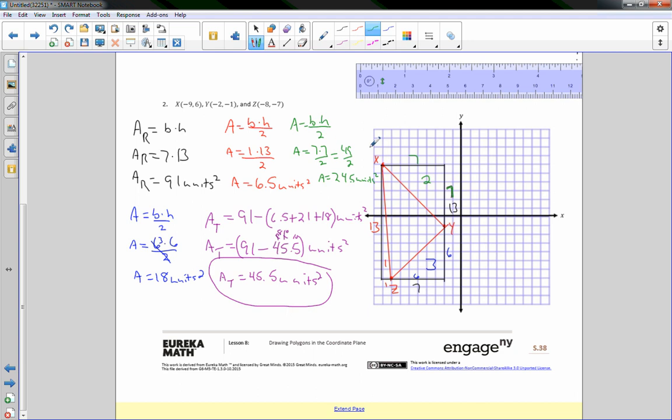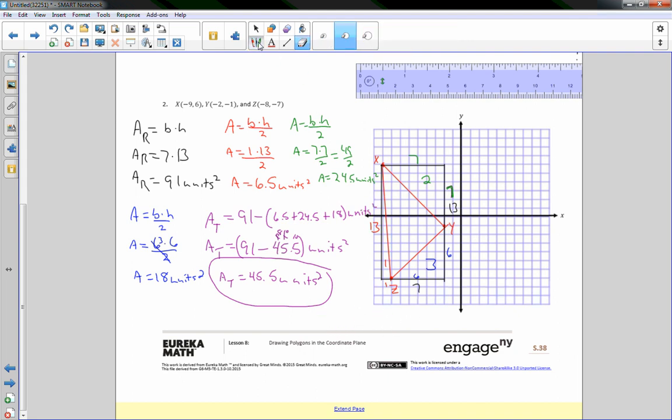Okay, so now I need to fix the other portion, which is right here. So I'll just move this down and rewrite it. So the 6.5 was correct, but the 21 was incorrect. It's actually 24.5, plus the 18 was correct, units squared. Okay, so I'm just going to erase this piece.